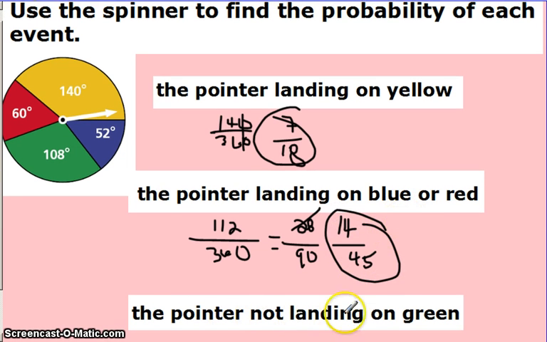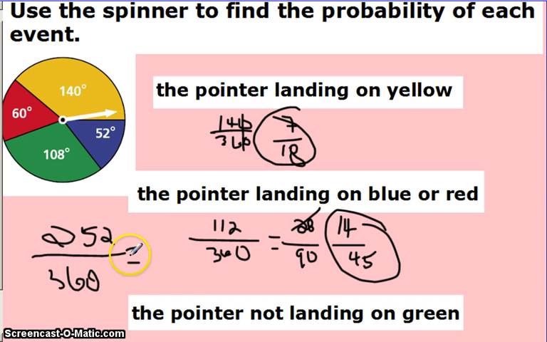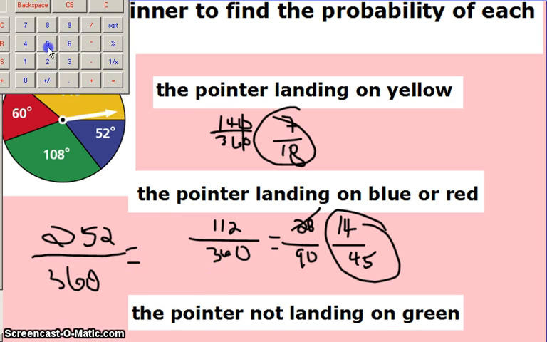And then that it will not be landing on green. So we want to either add all these up, which would be what, 252 over the 360. And we definitely want to reduce on that. So that's, let's see, 252 divided by 2, I guess, to start would be 126.